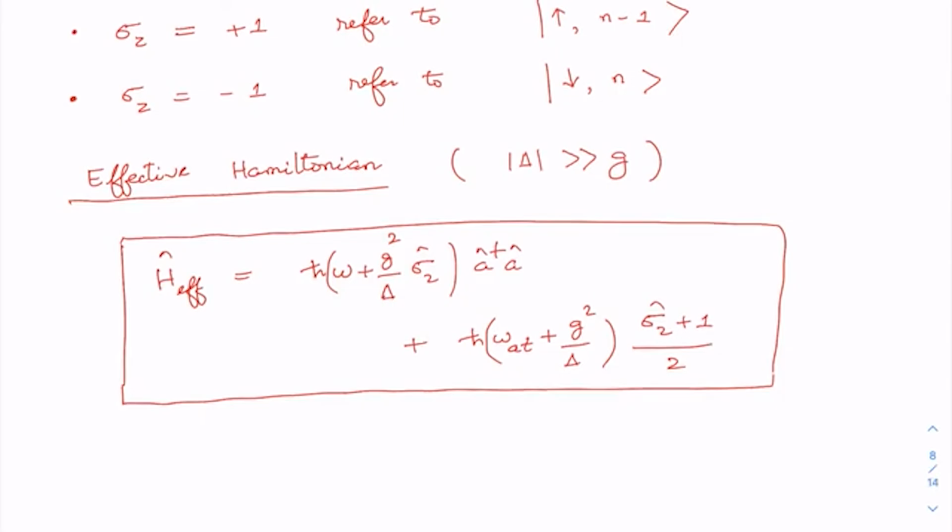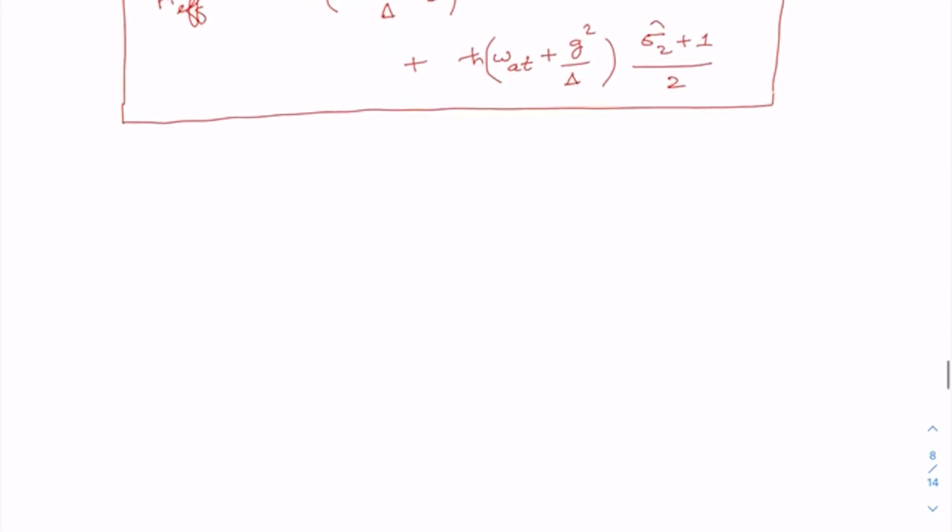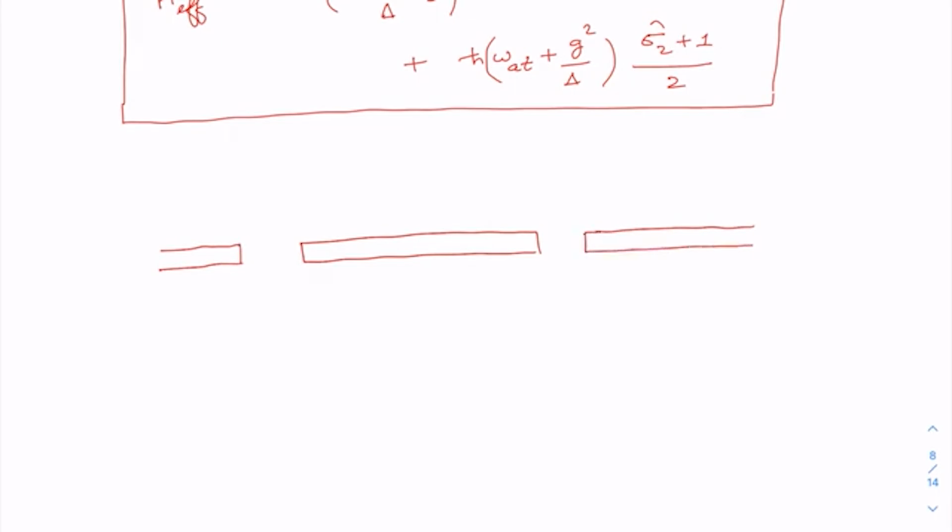The standard setup for circuit quantum electrodynamics, which we already discussed earlier, is as follows. We have a transmission line resonator. We know how to get a transmission line resonator. Suppose we have an infinite transmission line, then we break it at two locations, and we get a transmission line resonator.